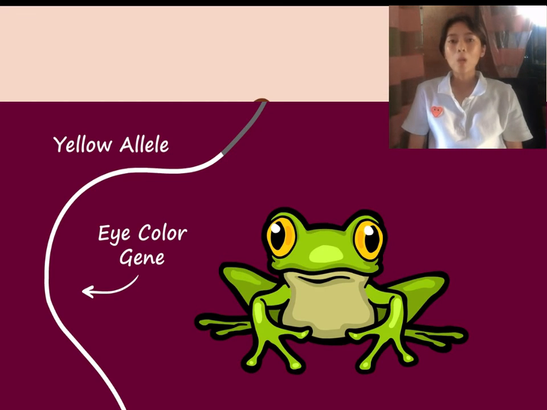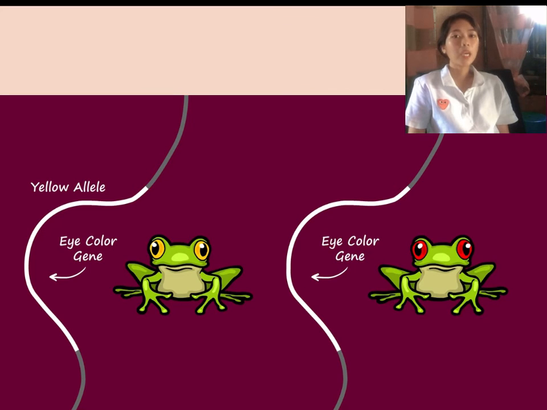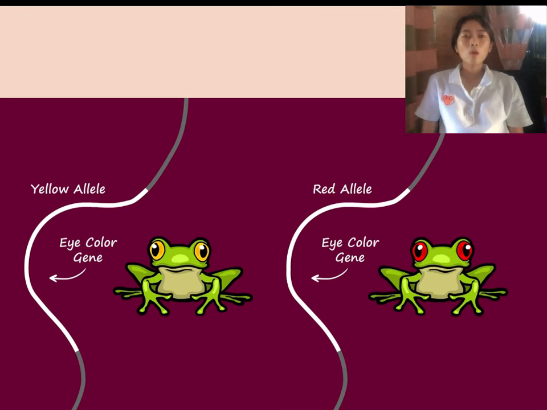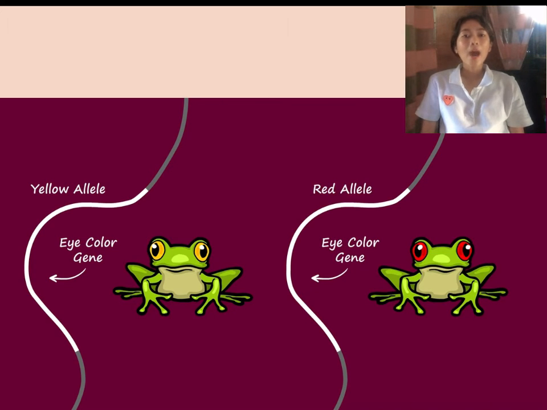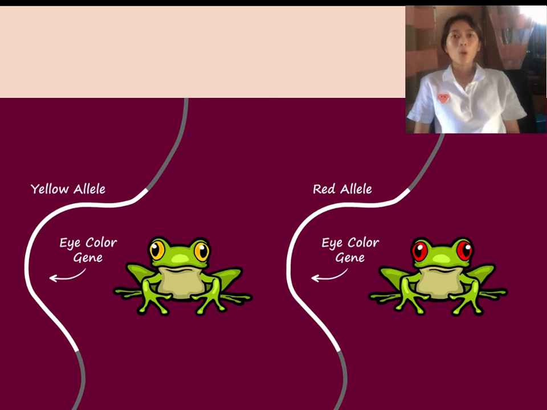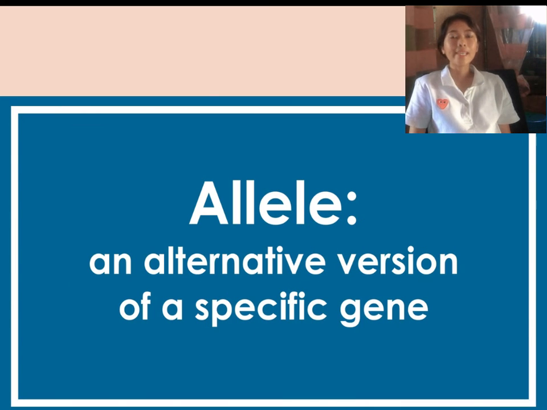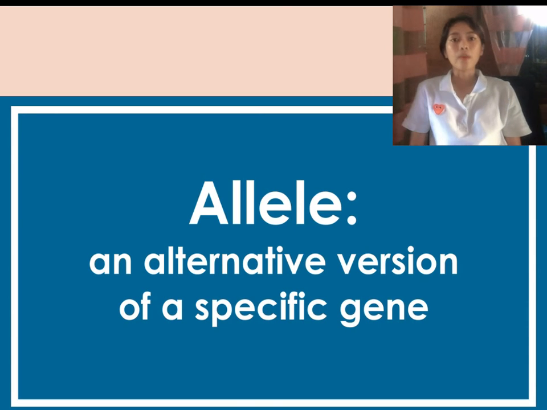He has the yellow allele of the eye color gene. This frog here has a different allele, a different version of the eye color gene, and he has the red allele of the eye color gene. So we know that an allele is an alternative version of a specific gene.